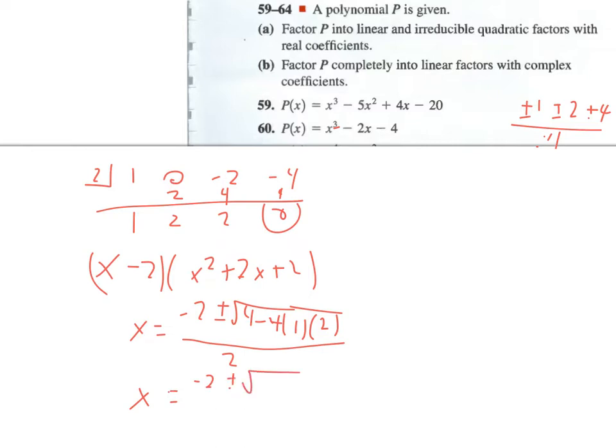And we get negative 2 plus or minus the square root of 4 minus 8, which would be negative 4, all over 2, which would be negative 2 plus or minus 2i over 2, which would be negative 1 plus or minus i. So that's our zeros there.